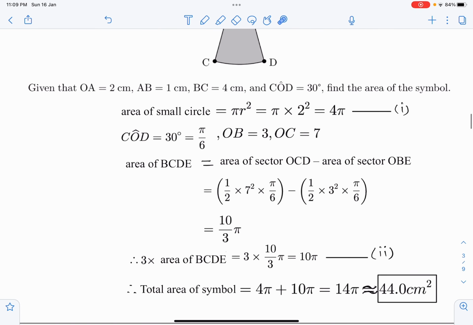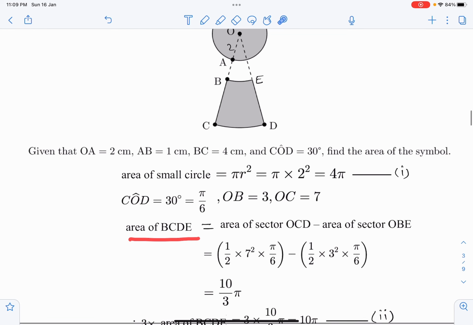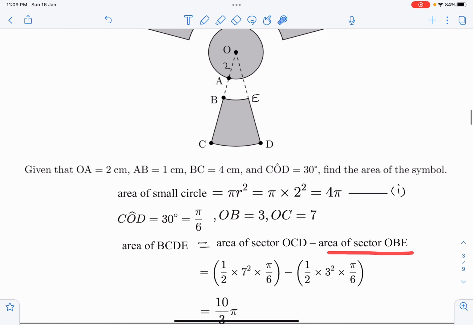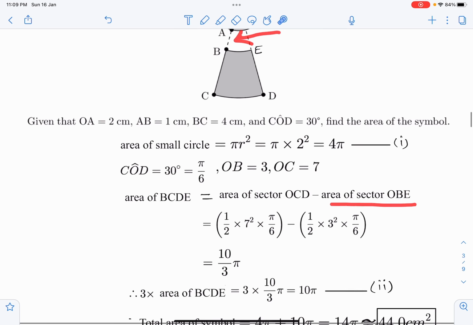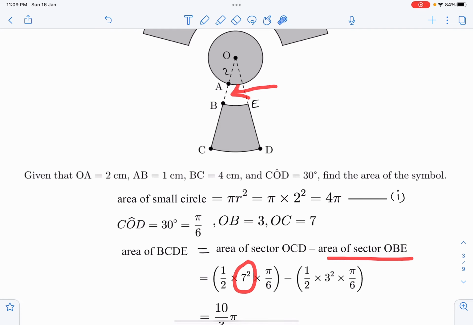Okay then, so let us go to that. Area of BCDE, this is the shaded part. So this will be equal to area of sector OCD, the large sector, minus area of sector OBE, the middle sector. Okay then. So radius of the largest circle is 7. We have already calculated here. So half r square theta is the formula.